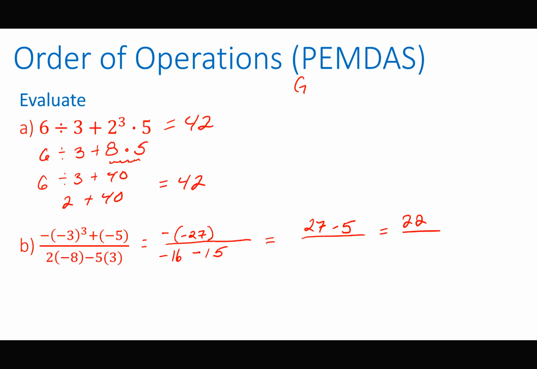All right. 2 times a negative 8 is negative 16 minus 15. So what's negative 16 minus 15? Negative 31. So this becomes 22 all over negative 31. But again, they're groupings. Do the top first, then do the bottom, and then you can combine at the end, do any simplification. 22 divided by negative 31 does not simplify, does not reduce any further.